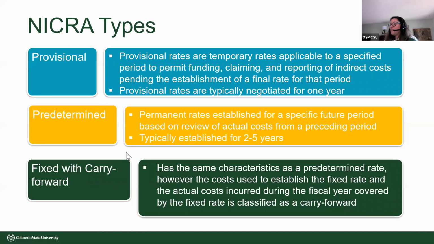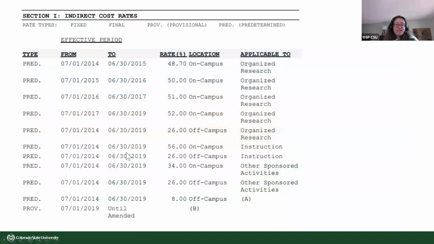So, okay. This is just an example of one indirect cost rate agreement, just so you can see here are the predetermined rates. And they're broken between on and off campus rates. And then you'll notice this last one says it's provisional, right, until amended.